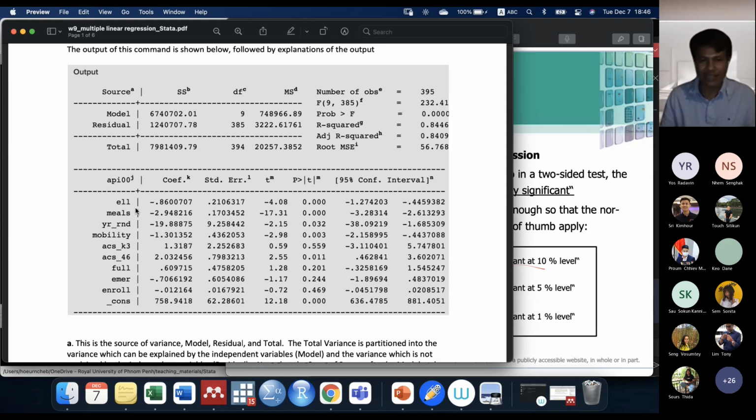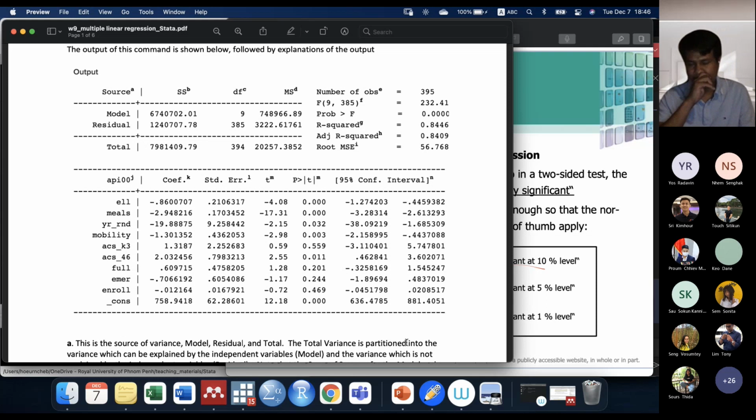Do we accept or reject the null hypothesis? You see here p equals 0.00. Accept or reject?